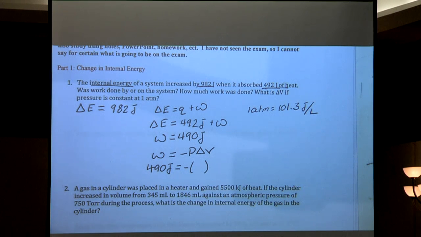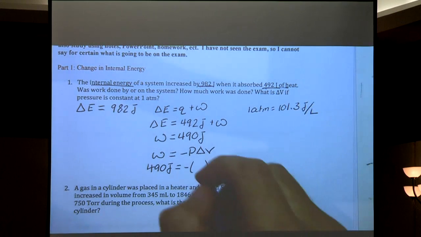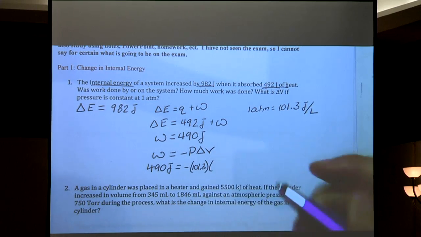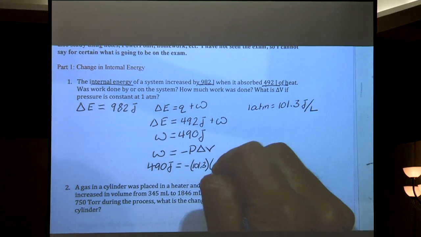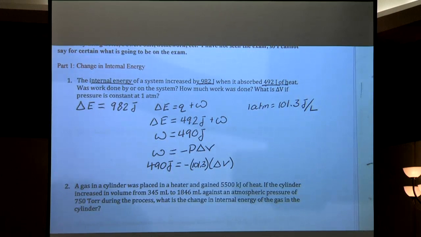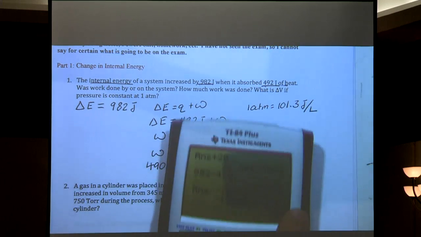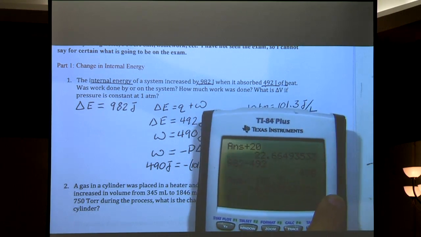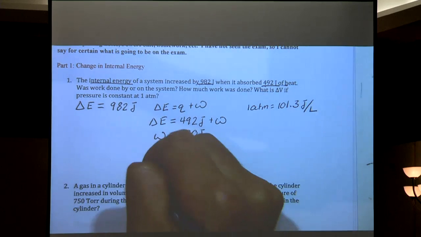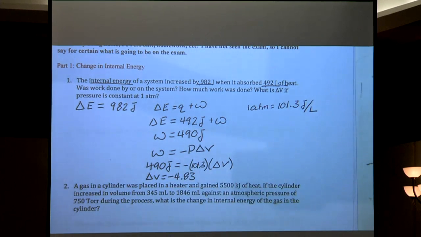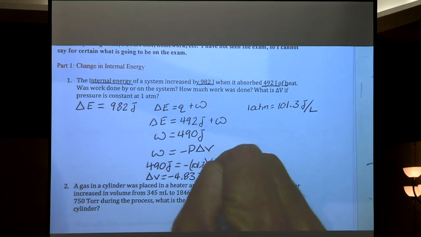Okay? Good with that? Joules per liter, so we get 101.3 joules per liter times delta V. So we have delta V in liters. Okay, so we can go ahead and solve. 490 divided by minus 101.3. We get negative, I don't know if you guys can see that, negative 4.837 liters.